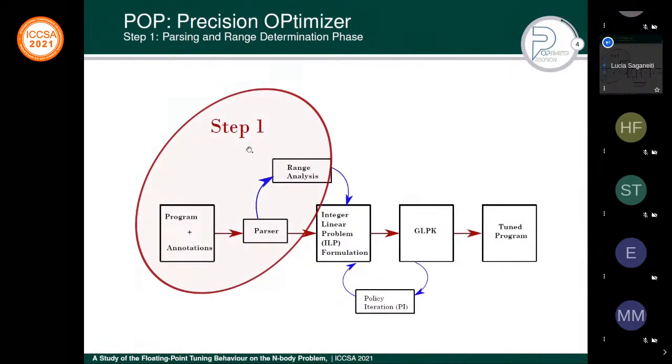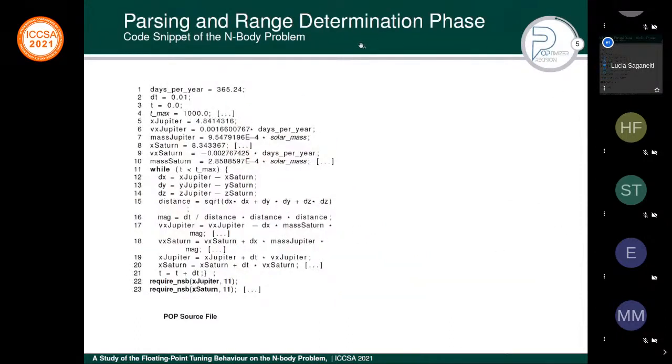In the first step, POP will take a program, for example, the N-body program, annotated with the precision needed by the user. After that, POP parses the program and generates the equivalent syntactic tree before performing a range analysis on all the program variable values. So let's take an example, which is a code snippet of our N-body problem.